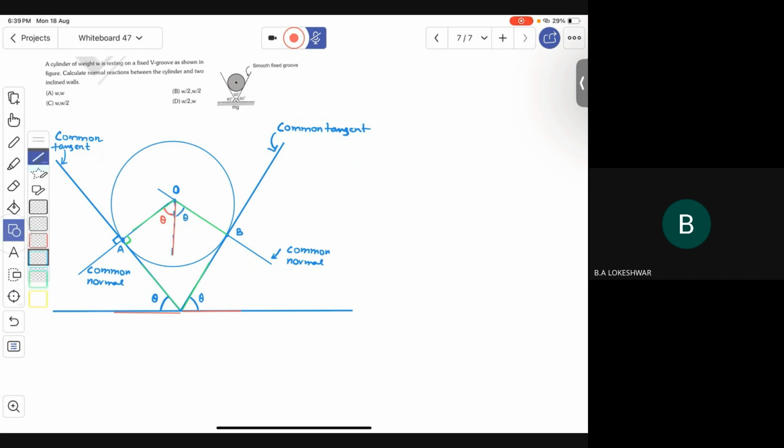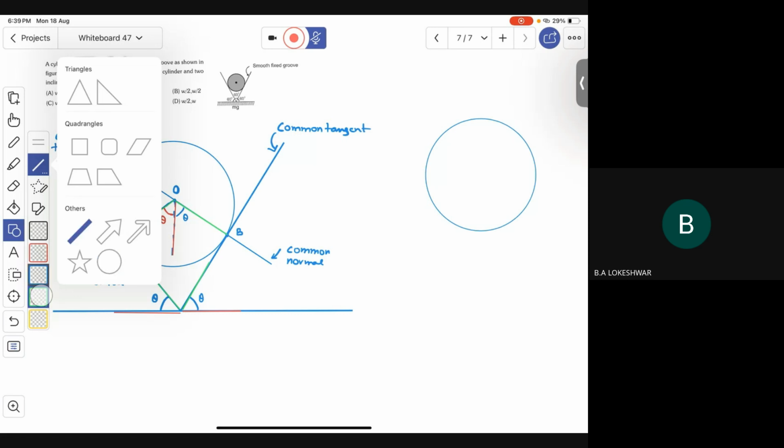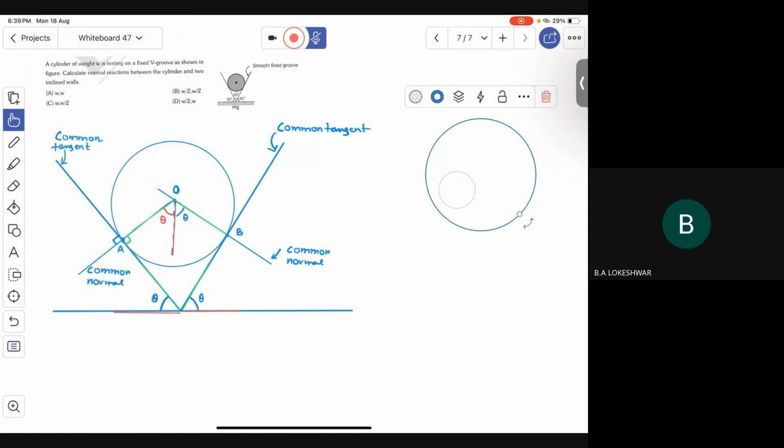Now I will draw the free body diagram of that sphere. I will disconnect it from wherever it has any connection with the universe, and I will replace those points of disconnection with whatever forces were acting there.